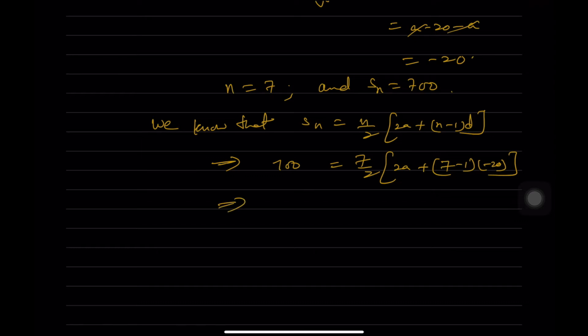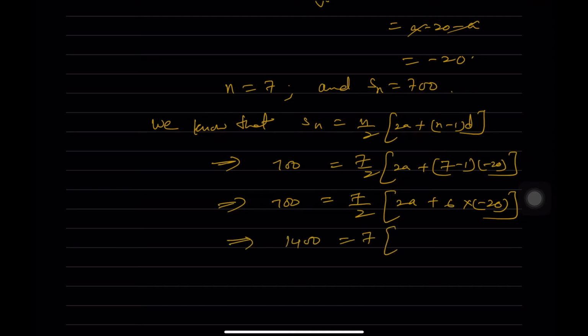So 700 is equal to 7 by 2 into 2a plus 6 into minus 20. So 1400 is equal to 7 into 2a minus 120, which implies 1400 by 7 is equal to 2a minus 120.